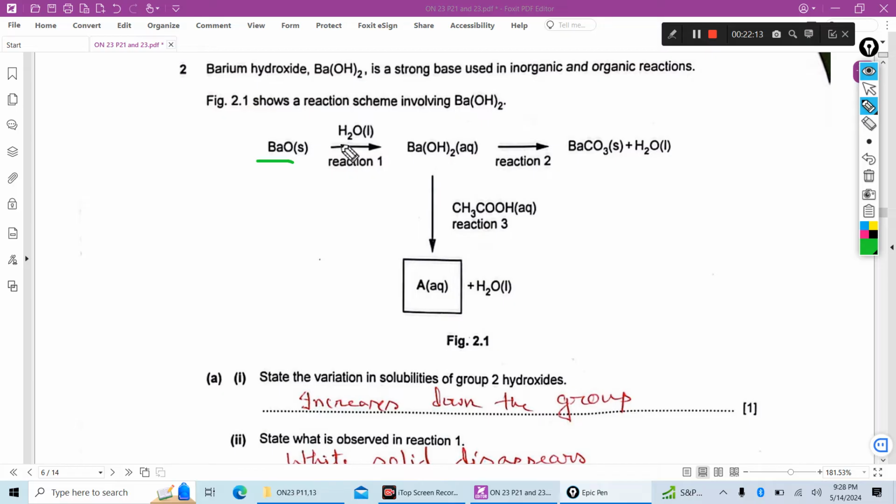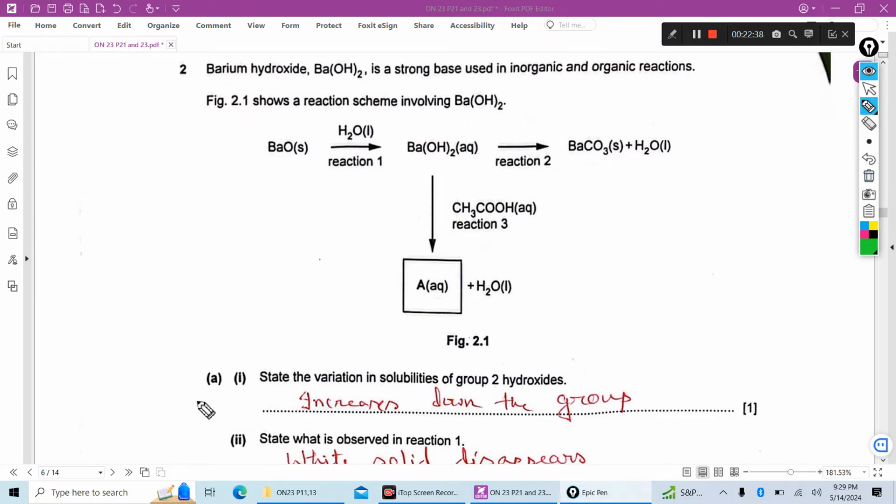Barium oxide reacts with water to produce barium hydroxide. Reaction 2 gives barium carbonate plus water, and in reaction 3, barium hydroxide alkali reacts with acid to form A, aqueous, and water, a salt of a carboxylic acid plus water.